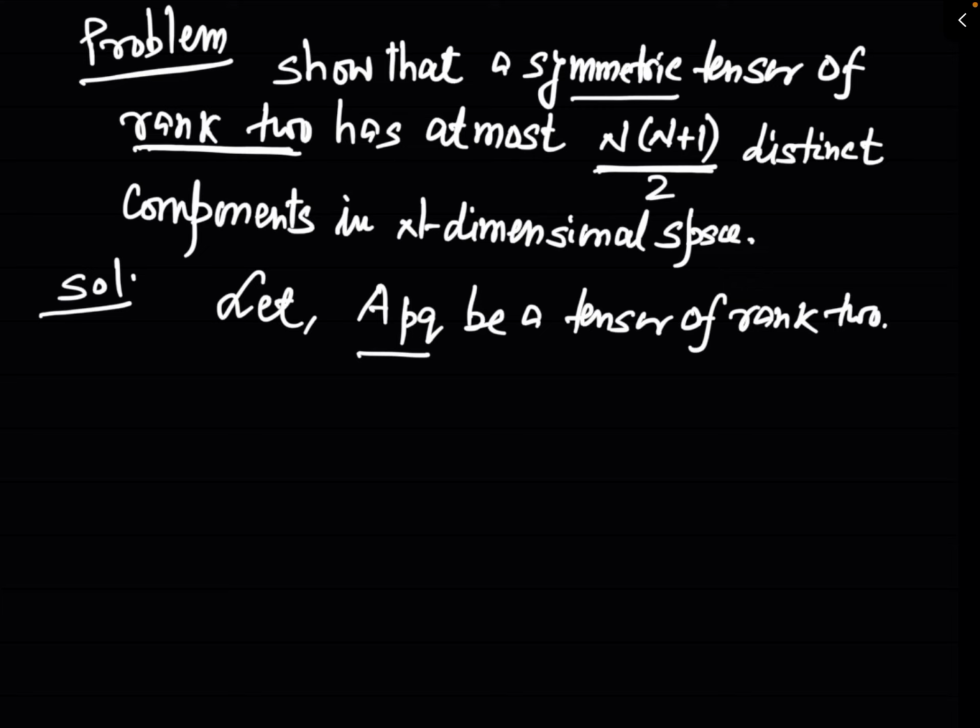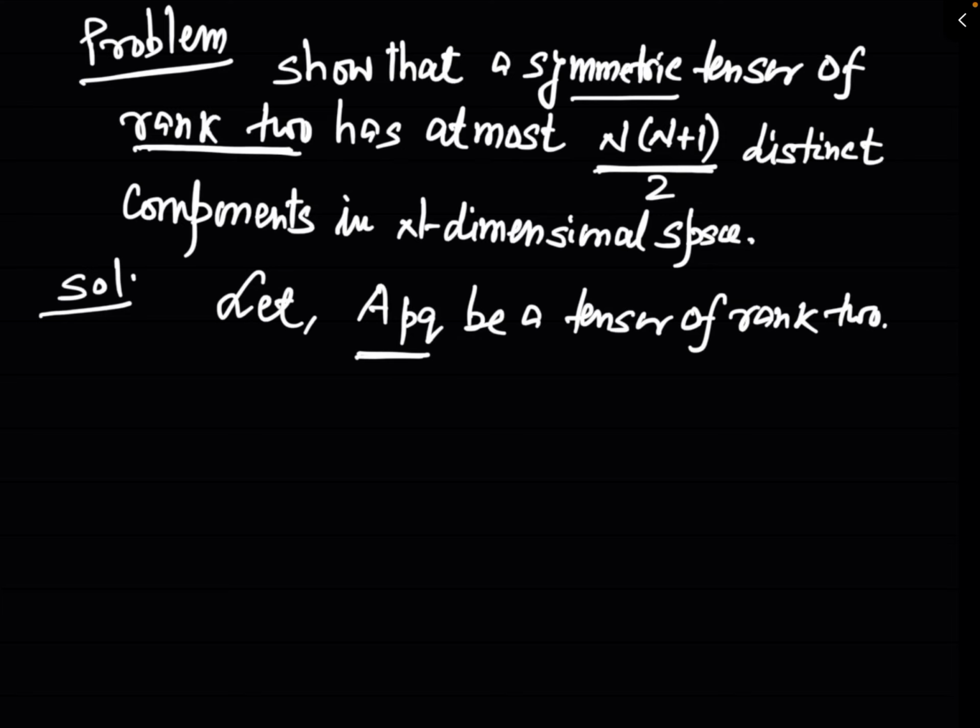And we also consider that the space is n-dimensional, and you know, in n-dimensional space, the total number of components, not independent, the total number of components of a second rank tensor, as you have seen earlier in the definition, is equal to n square.